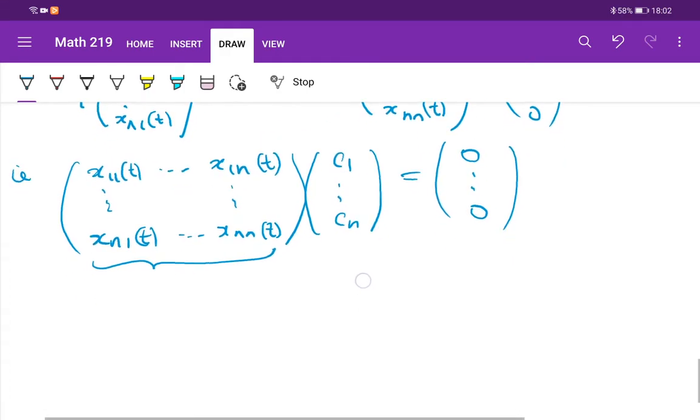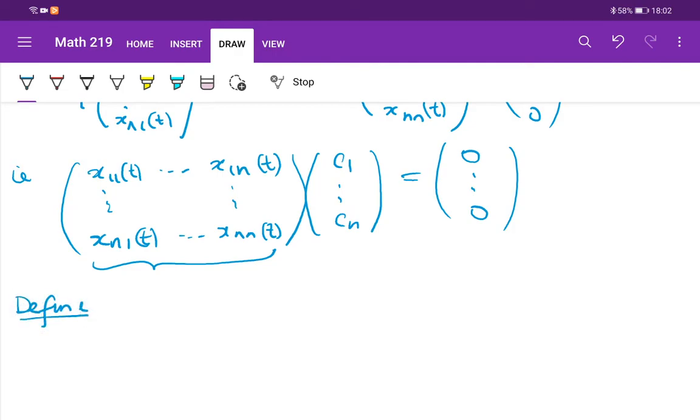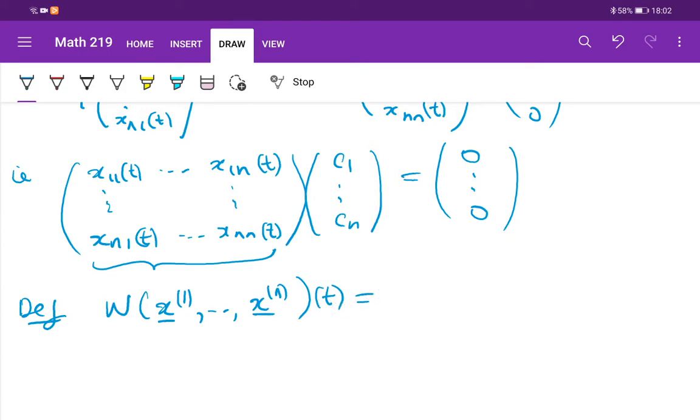Okay, so we define, let's say, a definition. We define the Wronskian of these functions. This is the determinant of the matrix here, with entries x11(t) up to x1n(t), up to xn1(t) up to xnn(t).